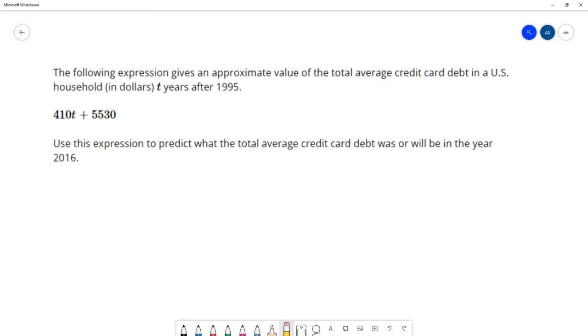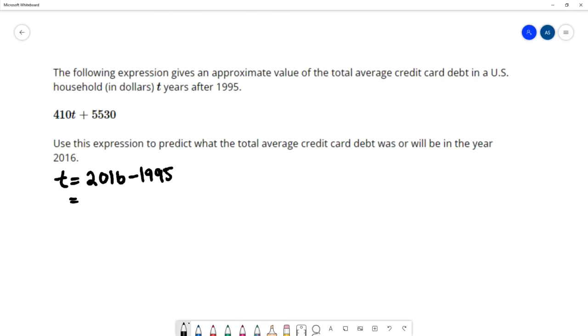Now, for this example, we need to keep in mind that T is the years after 1995. So to figure out the average credit card debt in 2016, we need to figure out the value of T, and how many years after 1995 we have in that 2016.